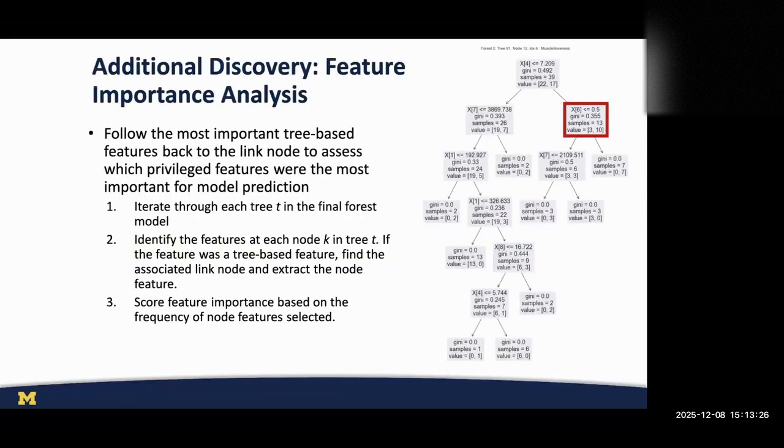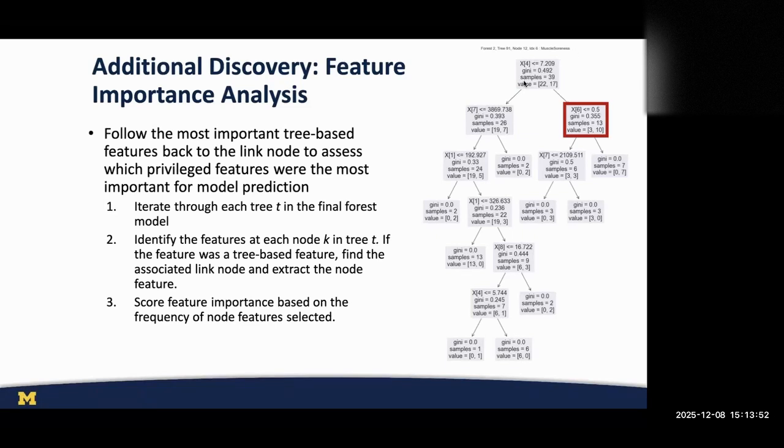And then in order to determine the feature importance, we wanted to see which of the privileged features were most important. We looked at the final tree. If you remember, the final random forest model has no privileged features in it, but it has those feature transforms based on the descendant trees.